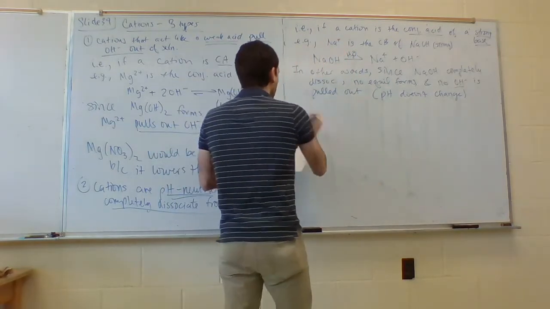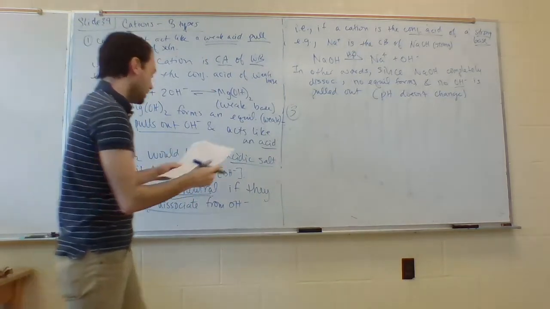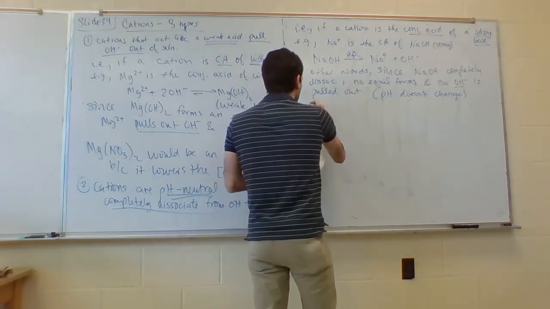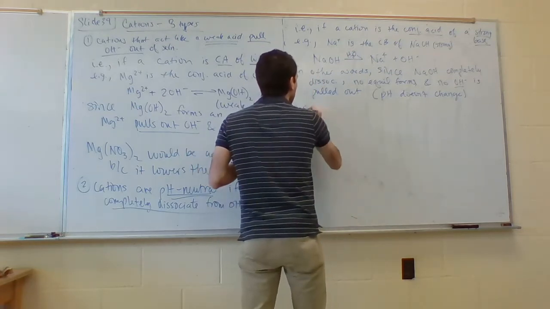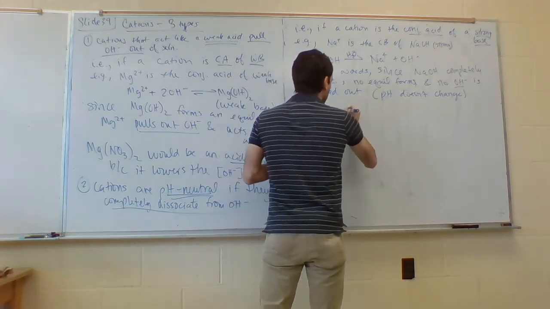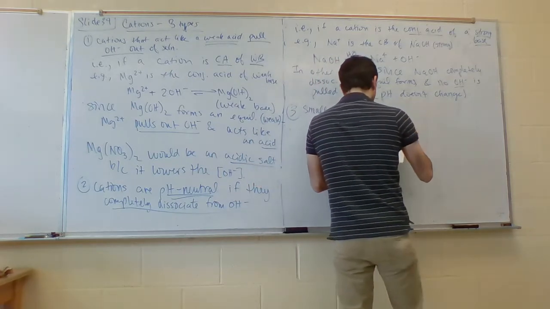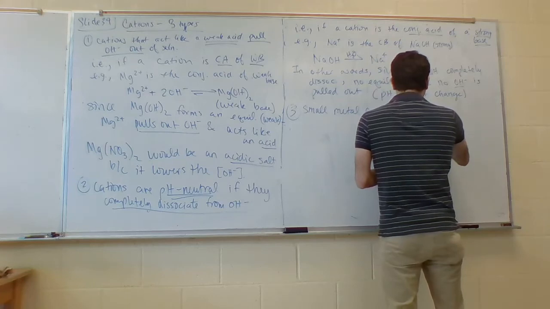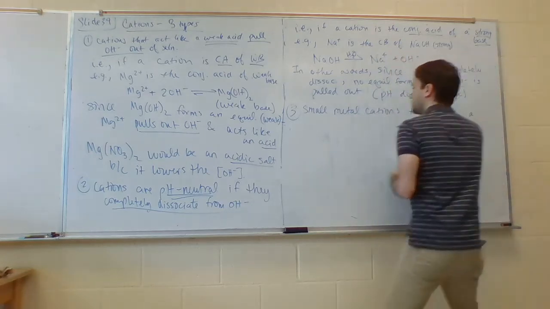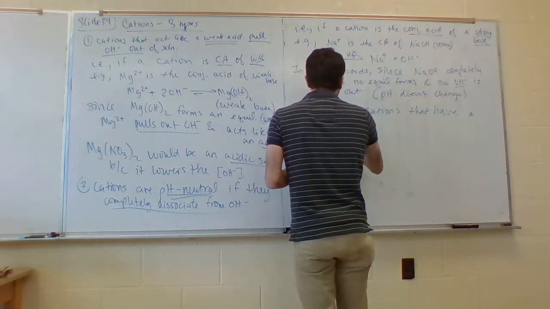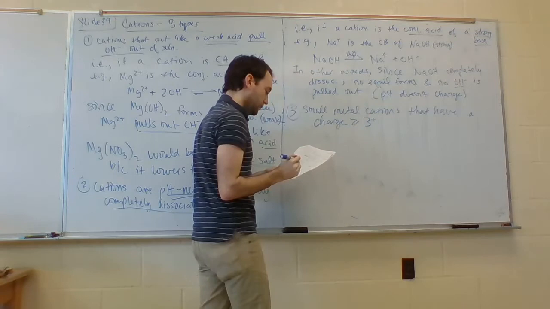Our last type of cation is going to be small metal cations that have a charge that is greater than or equal to 3 plus.